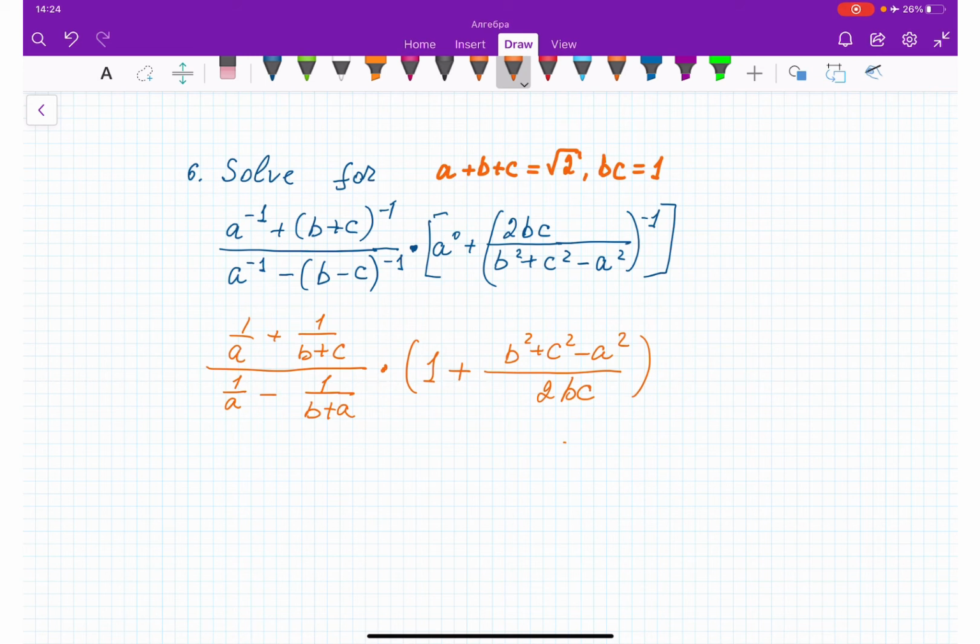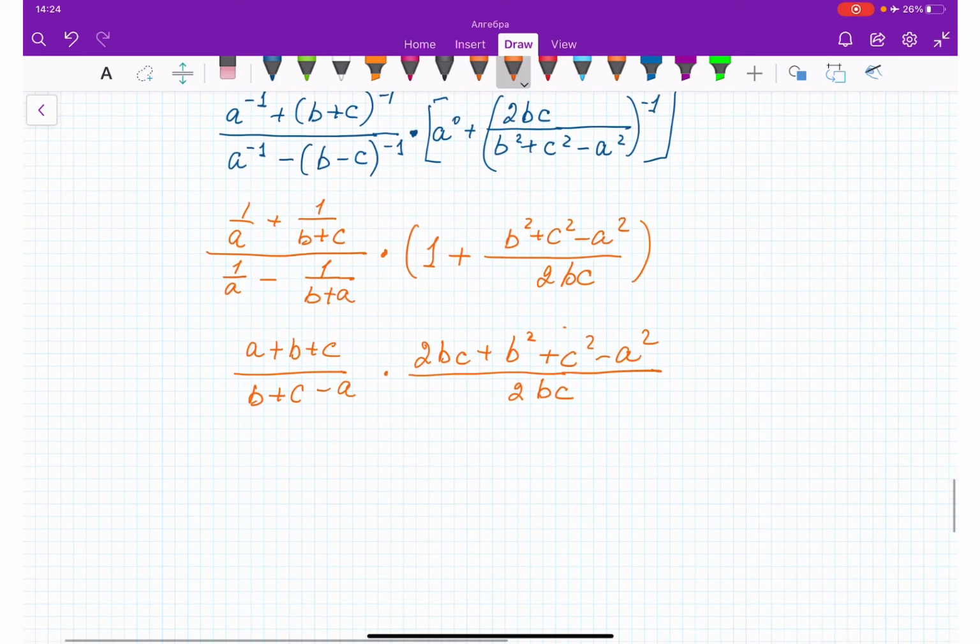If you bring to a common denominator and simplify it, you are going to get (a plus b plus c) over (b plus c minus a), multiplied by, if you bring to a common denominator, (2bc plus b squared plus c squared minus a squared) over 2bc.